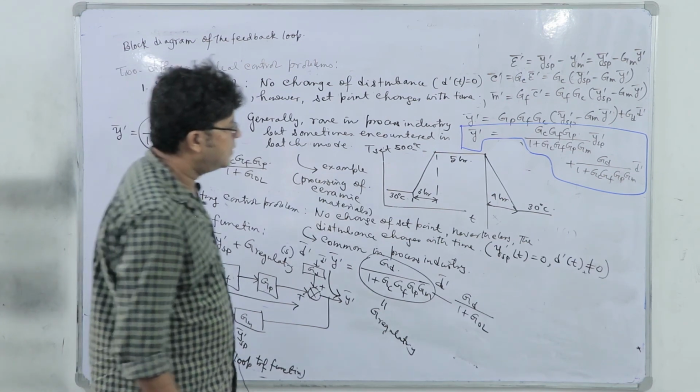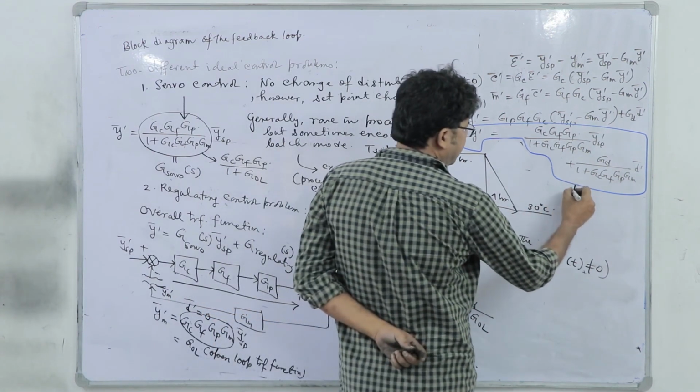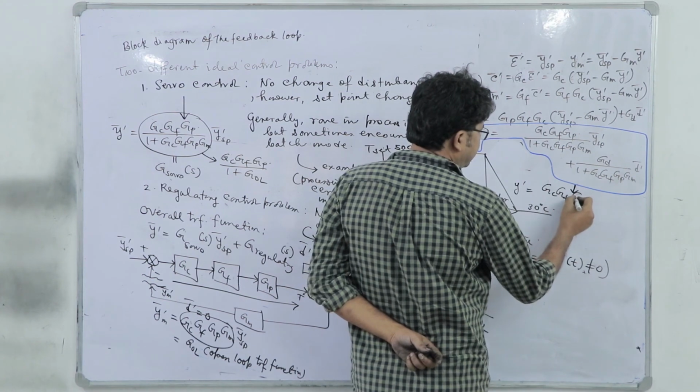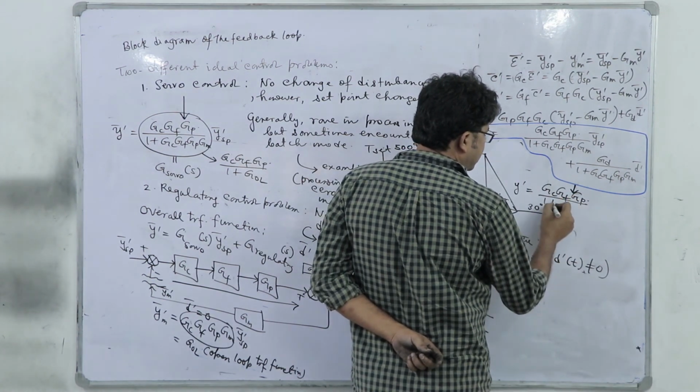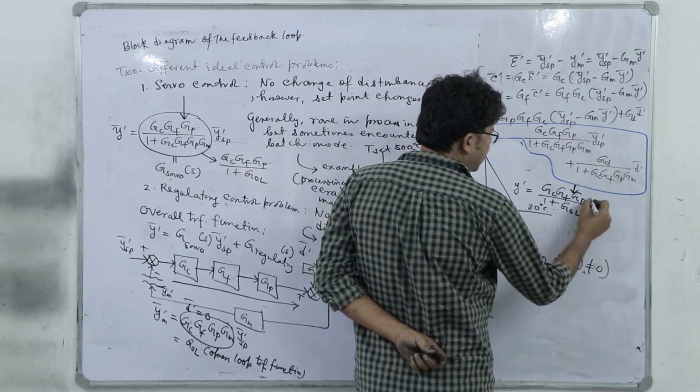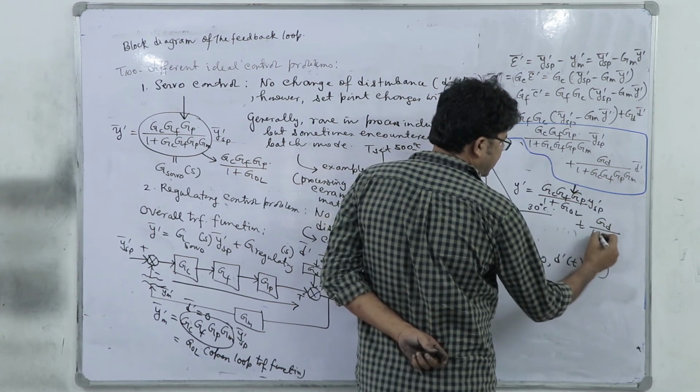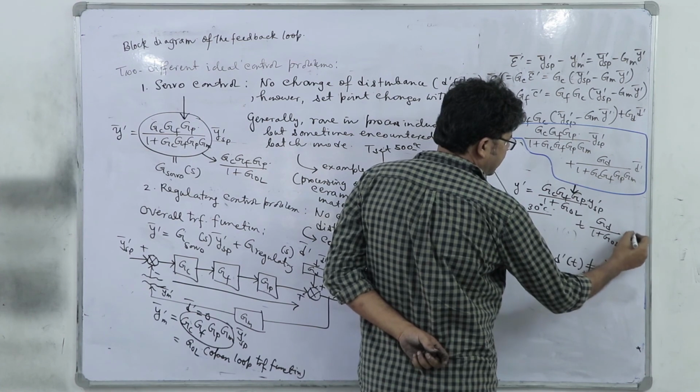Here if I simplify, it is Y prime is equal to Gc Gf Gp divided by 1 plus GOL into Ysp prime plus Gd divided by 1 plus GOL into d prime bar.